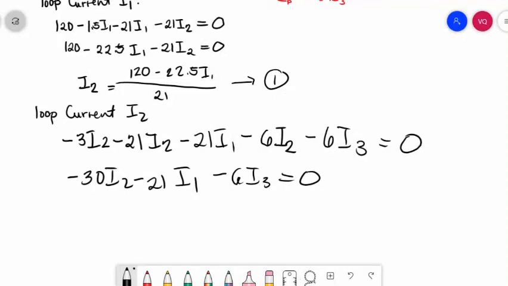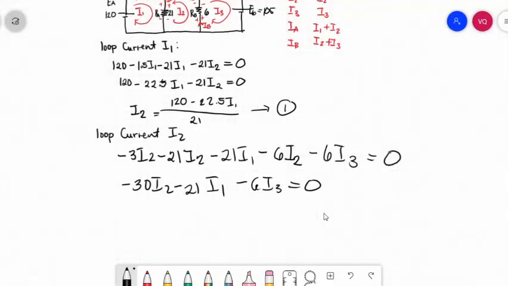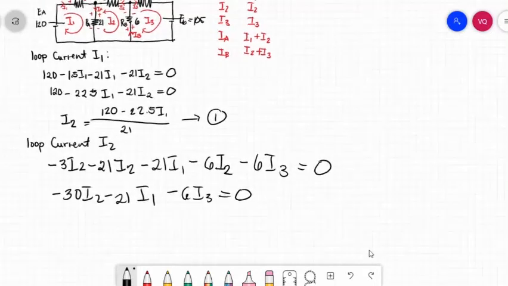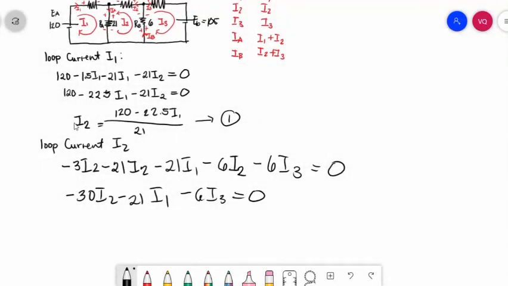Loop current I3. So, formulating loop current I3. It enters into the positive sign of your battery, so that is equal to negative 105.